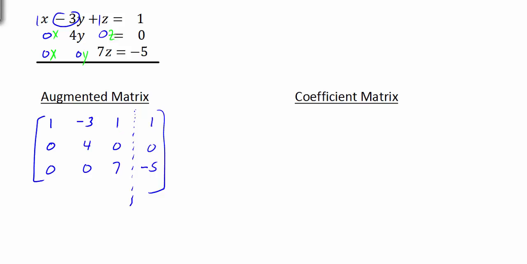Sometimes you'll hear something referred to as the coefficient matrix, and it's basically the same thing, but all we do is list the coefficients. In other words, we leave out the constants 1, 0, negative 5, and we would simply have 1, negative 3, 1, 0, 4, 0, and 0, 0, 7.